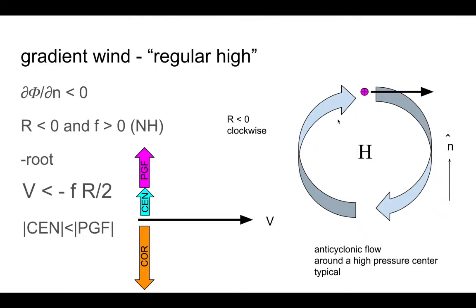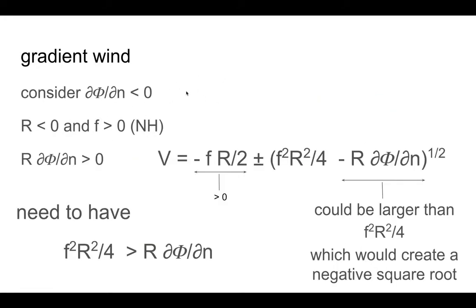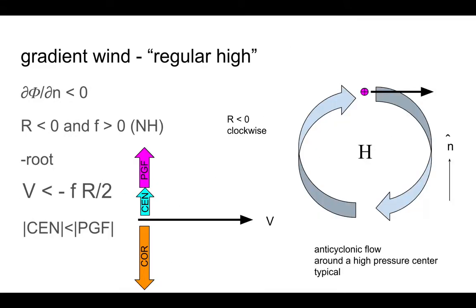So if you're going to look at actual maps and try to estimate the values of the gradient wind, you should use the regular high, regular low formulas, where the negative root for the regular high and the positive root for the regular low, to get those values that we typically see.